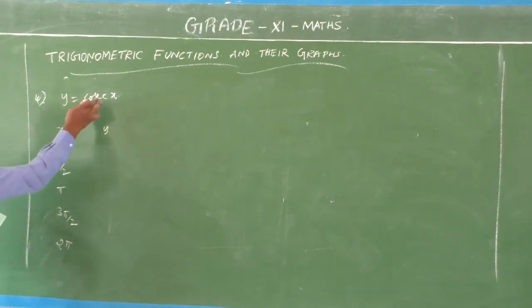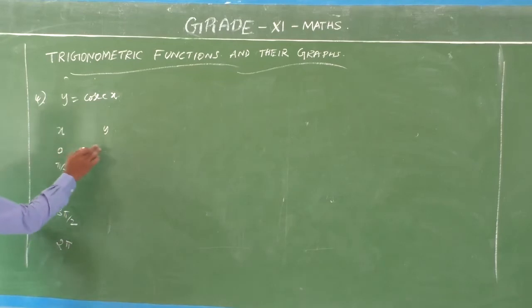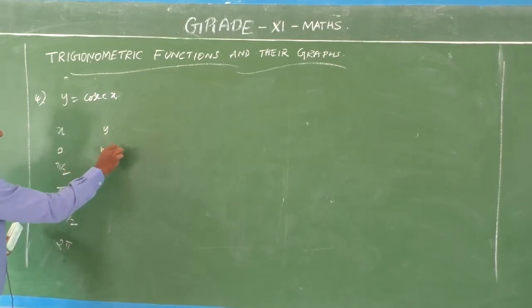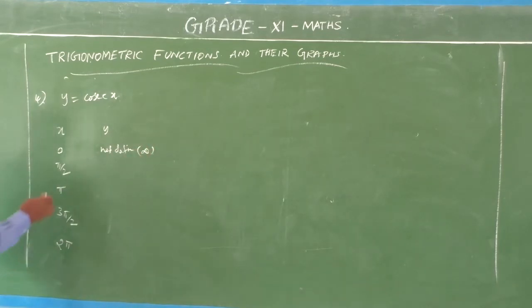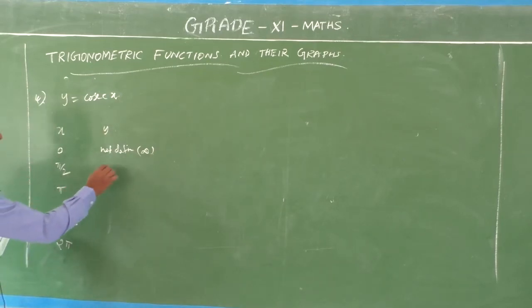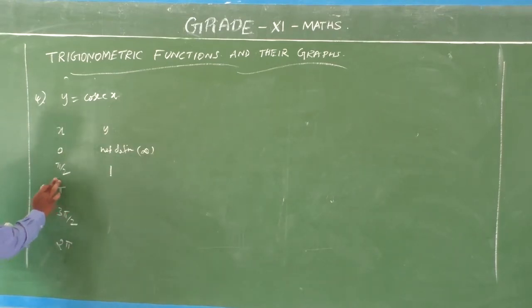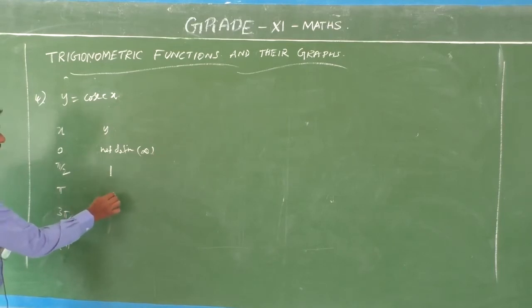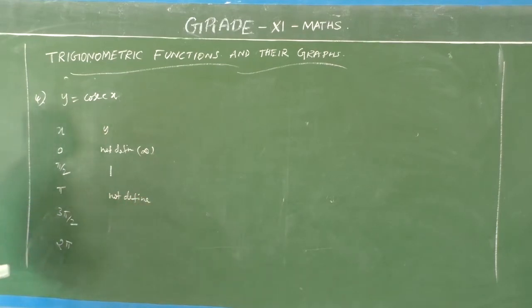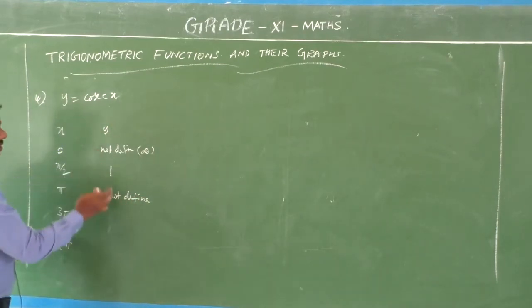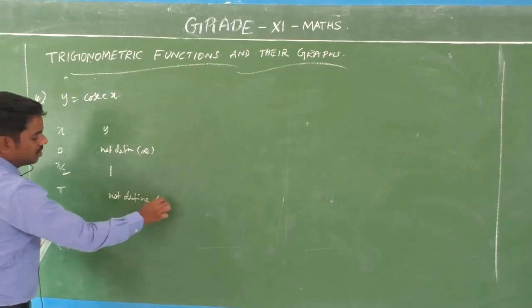X equal to 0, then cosecant 0: sin 0 is 0, then cosecant 0 is not defined, that is infinite. Cosecant pi by 2: sin pi by 2 is 1, so the reciprocal is 1. Okay, cosecant pi is not defined. Sin pi is 0, so cosecant pi is 1 by 0, which is not defined.